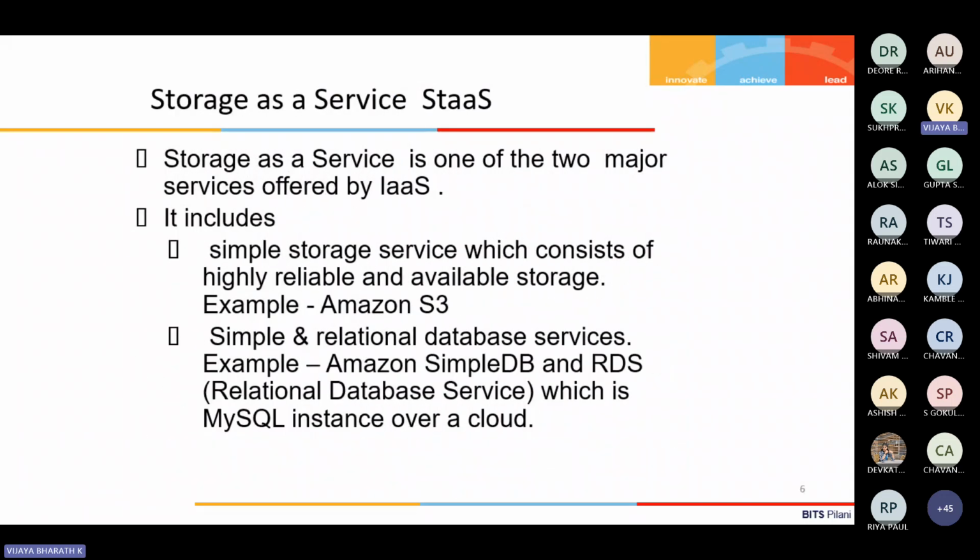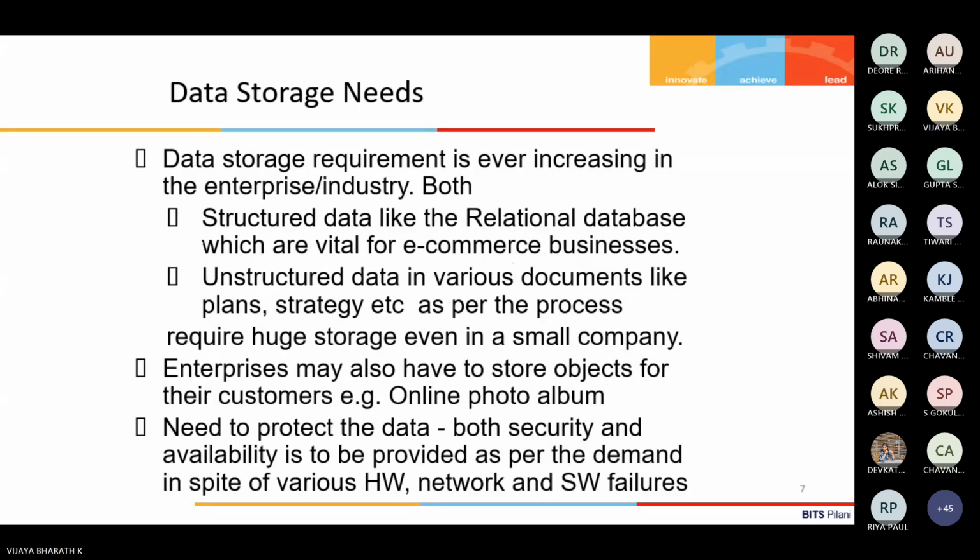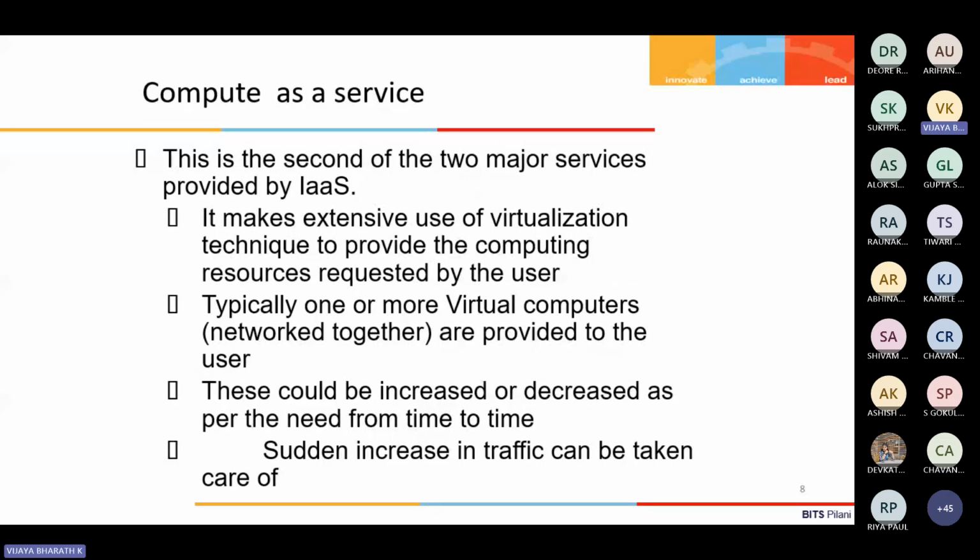So two things we saw: one is simple storage service, which is Amazon's S3, and the other one is simple and relational database services, Amazon SimpleDB and RDS. Compute as a service means you can increase or decrease as per the need of your requirement on a time basis.